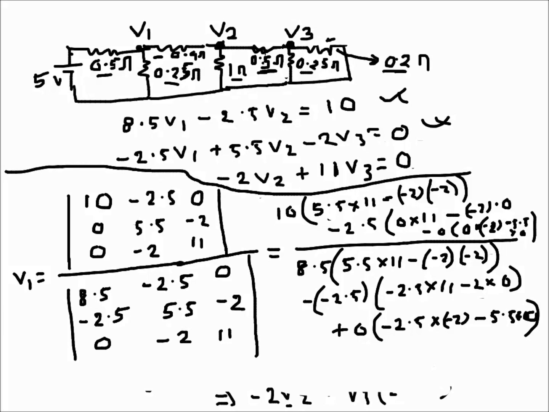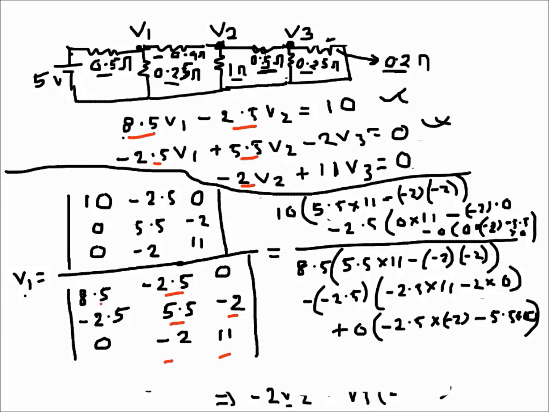If I write in determinant form, the unknown V1 is the first term, and the denominator is all the coefficients: V1 8.5 here, V2 minus 2.5, and 0 for the third term. For the second row, V1 minus 2.5, V2 5.5, and V3 minus 2. For the third row, first is 0, the second is minus 2, and 11.